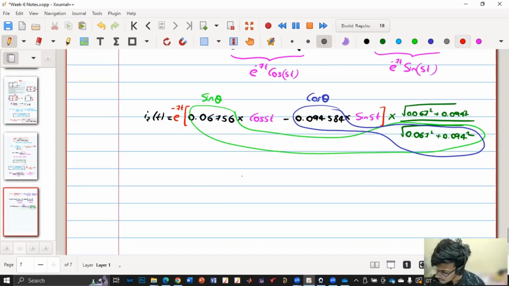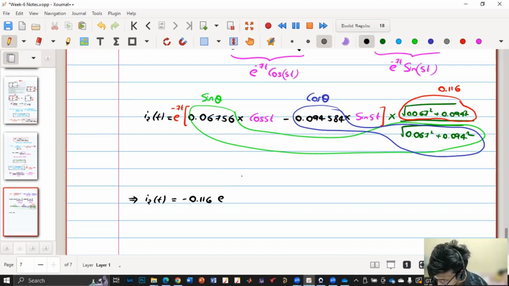And if you calculate the value of this constant, it will be coming around 0.116. So I have calculated it earlier. So it is coming to be 0.116. So I2 of t can be rewritten as minus 0.116 into e to the power minus 7t. And of course, there will be u of t term here also, because for t greater than 0.